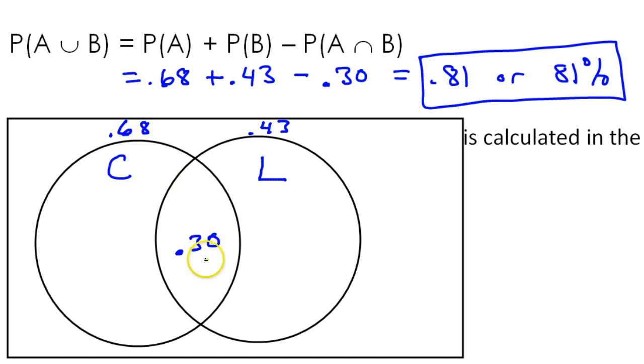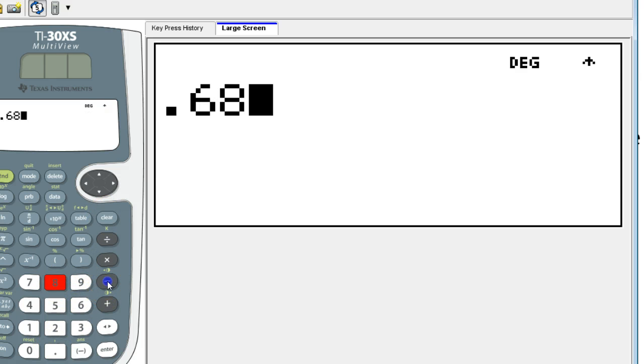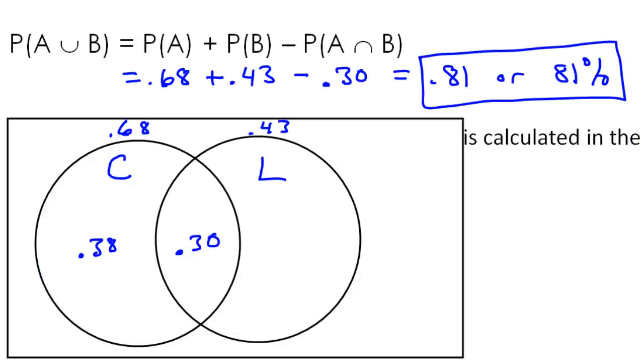So I need to subtract 0.68 minus 0.30, and I'm going to get 0.38. These two together add up to the 0.68 that we're talking about. Same thing over here with the lemonade. I'm not going to put 0.43 out here. I need to subtract the 0.30, so that's going to leave 0.13.